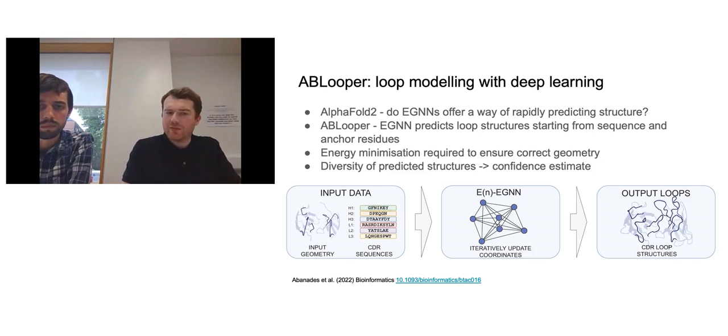You actually need to do some further modification in the form of energy minimization, to piece all of that together into an actually useful antibody structure. Again, something Charlotte mentioned earlier stems from the fact that you're no longer doing template-based modeling. By the very nature of this ab initio approach, you have diversity in predicted loops.